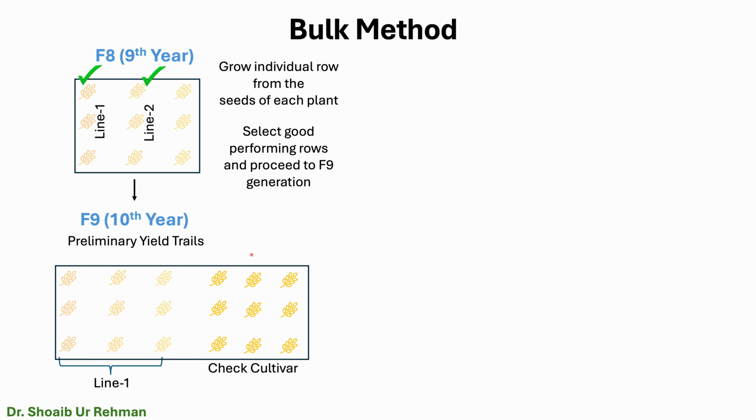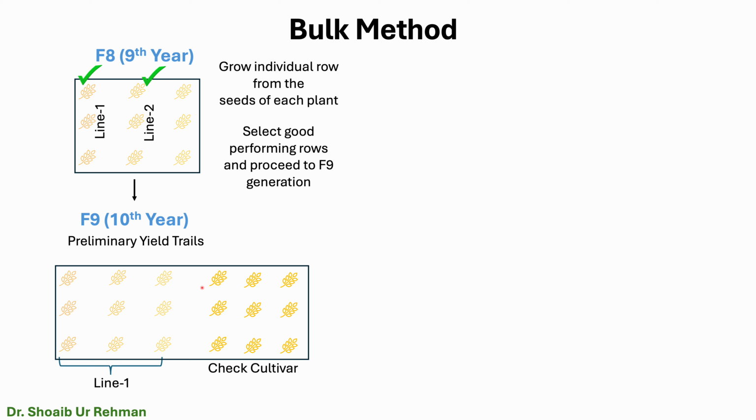For example, in this region, in the southern Punjab of Pakistan, we have a wheat cultivar which is named Nawab 2022. So, in the preliminary yield trial, we should make a competition with our new line versus the already available cultivar.